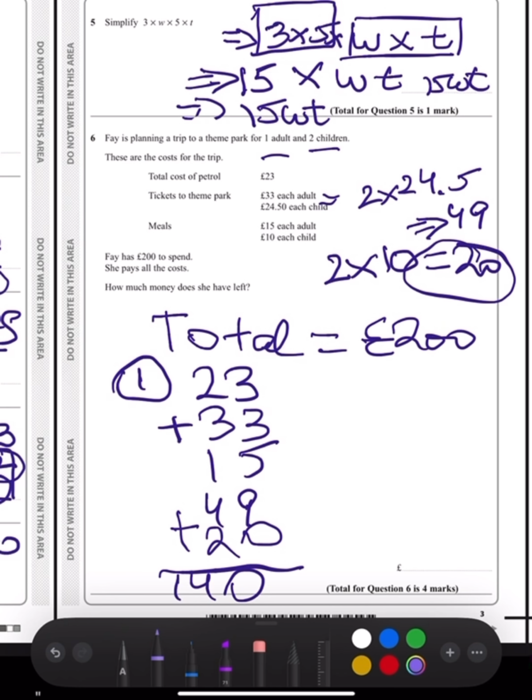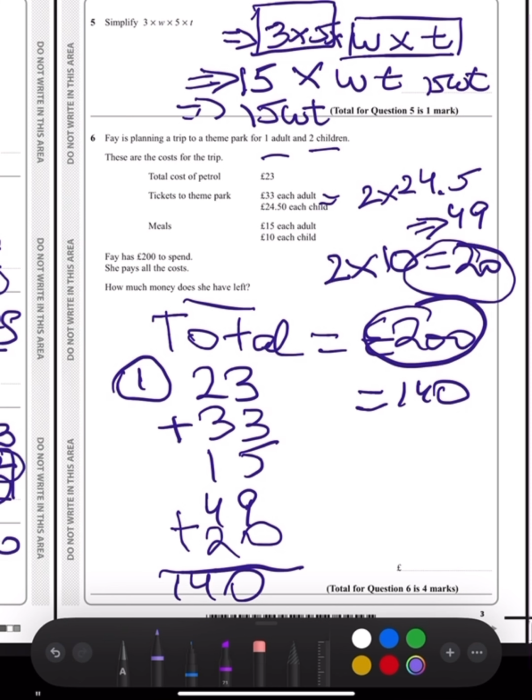So when I know for this total, I've got 140 pounds, and my total is a 200, how much is left? So we answer her main question, her key question. You can also underline it while you're looking at it, so that you know that even after doing all these steps, it is not the end.